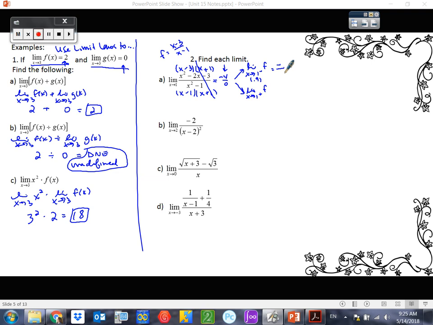If I put a 0.9 in the denominator, I'm going to get a negative number. And that tells me that I'm going to positive infinity. So graphically, what this would look like is I'm coming from the left, I'm headed this way to positive infinity. Okay, there's an asymptote here.